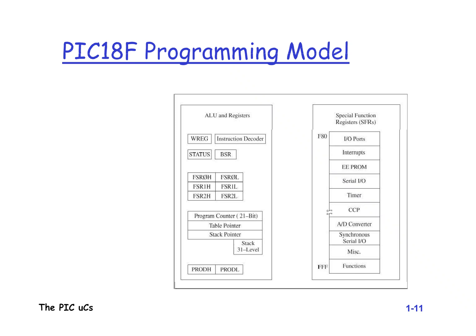Then we have already discussed the registers available with the ALU. This is the working register, instruction decoder, status registers. Then there is a bank select register. Then we discussed the program counter and the stack pointer. There is another table pointer that we are going to discuss soon.